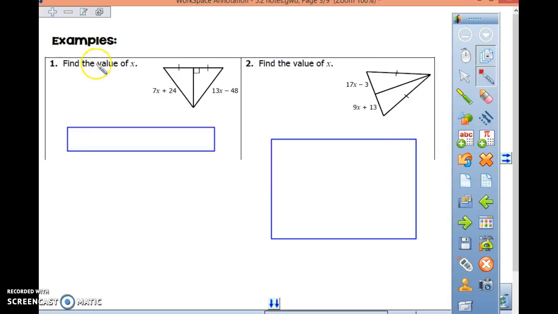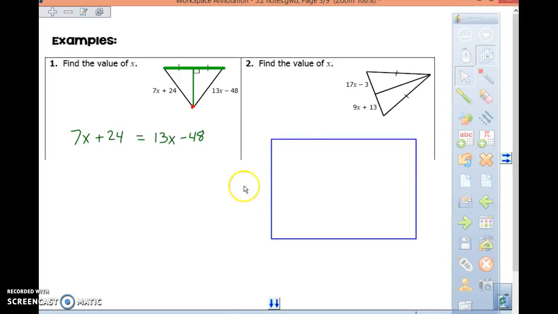Question number 1, find the value of x. So we have a segment that has a perpendicular bisector on it. We have the marking for a midpoint and we have the marking for a right angle. So what we know is if we pick a point on that bisector, it's going to be equidistant to each endpoint. So 7x plus 24 is equal to 13x minus 48.